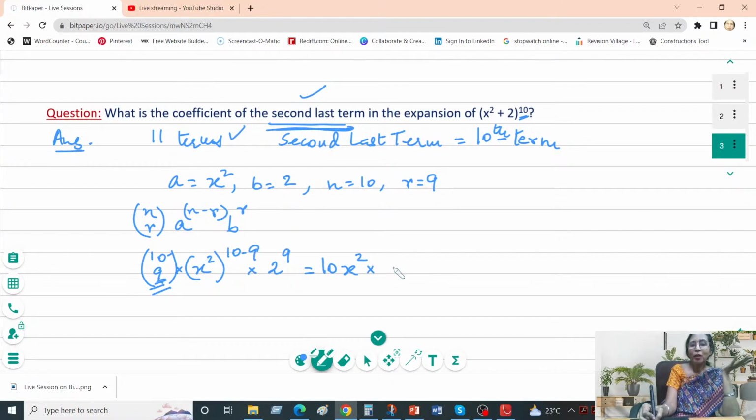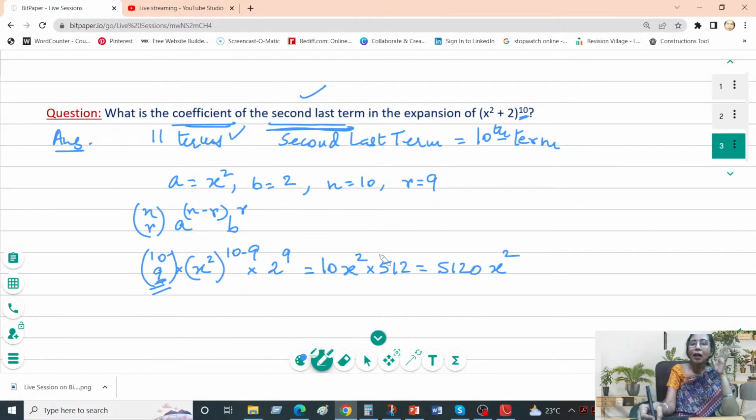So what is 2 to the power of 9? It is 512. So this is 10 times 512 times x squared, which is equal to 5120 x squared. And they have asked for the coefficient, not the entire term.